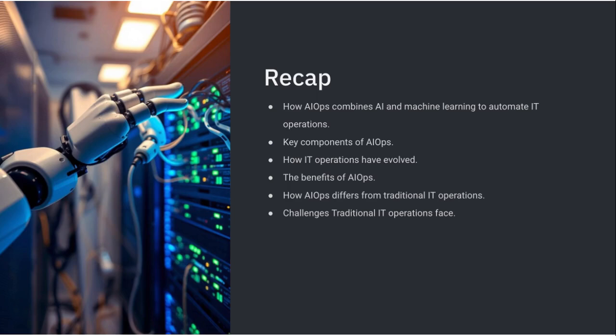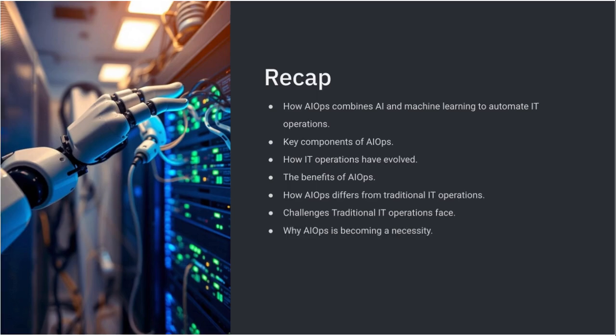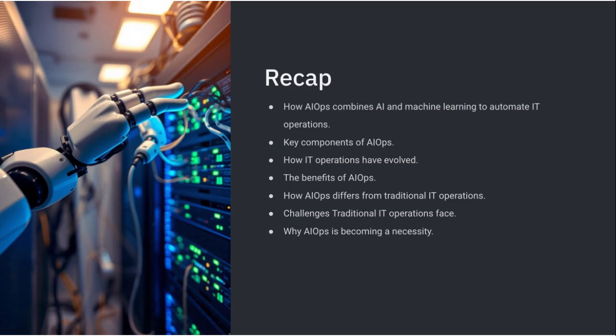AIOps helps solve these problems. And lastly, why AIOps is becoming a necessity as businesses grow more dependent on IT, cloud computing, and real-time data processing. By implementing AIOps, organizations can ensure reliable, efficient, and intelligent IT operations, keeping up with the fast-changing digital world.